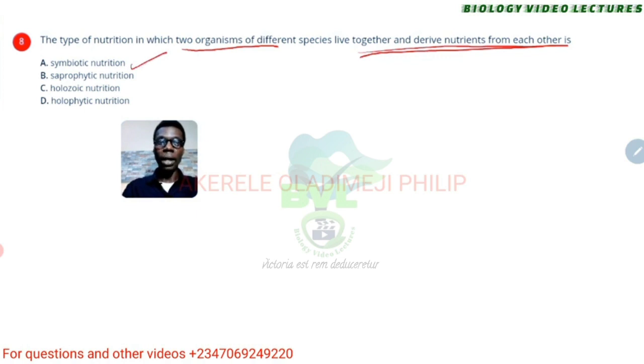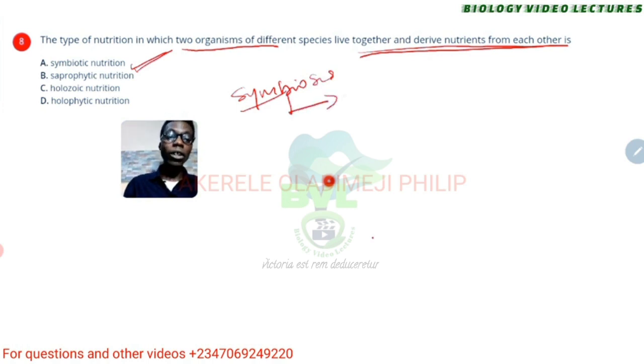Now, I want you to please pay attention. If you use the word symbiosis, sym means together. So symbiosis means two lives together, whether they are benefiting or not, it doesn't matter. Symbiosis doesn't specifically say whether they are both benefiting or one is losing or one is gaining. So symbiosis simply means organisms living together.